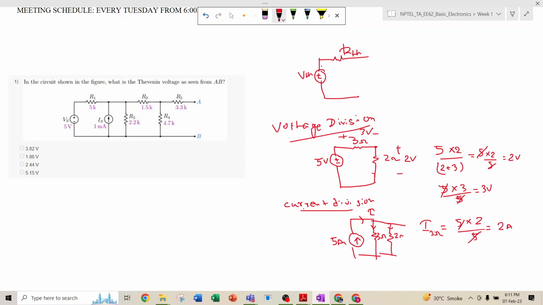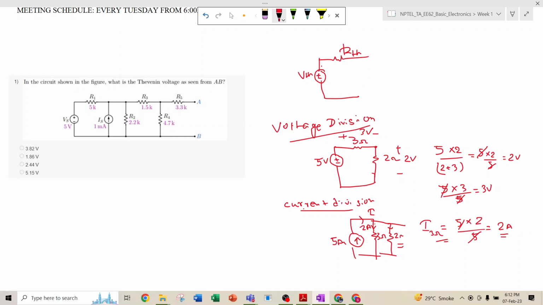Remember one thing: in the current division rule, you should always apply the current source multiplied by the other resistance. But in voltage division, you just write the resistance across which the voltage needs to be found. So this is 5 into 2, this is 2 ampere. So 2 ampere is flowing through the 3 ohm resistance.